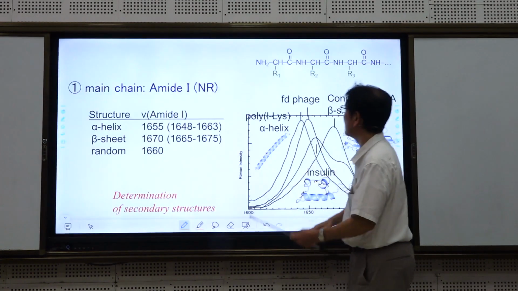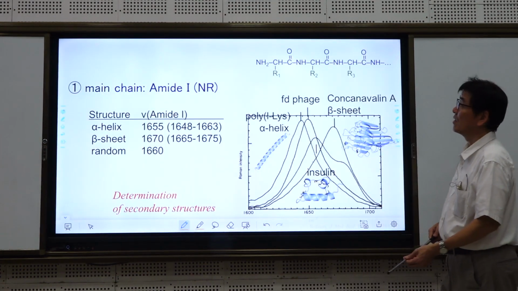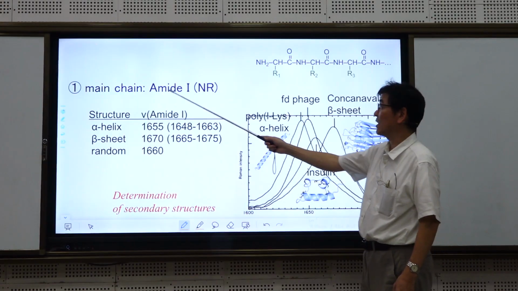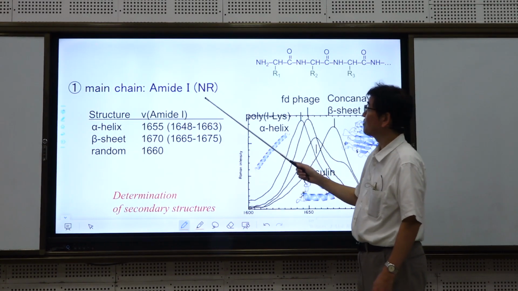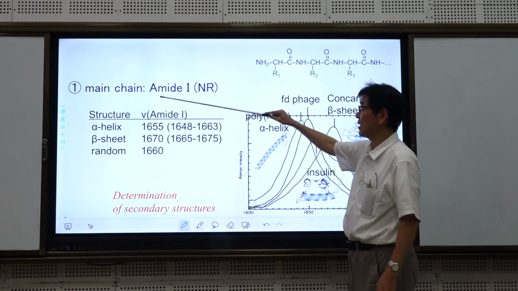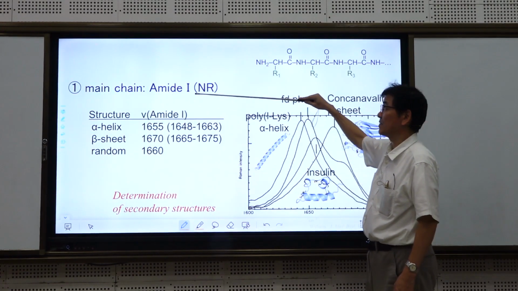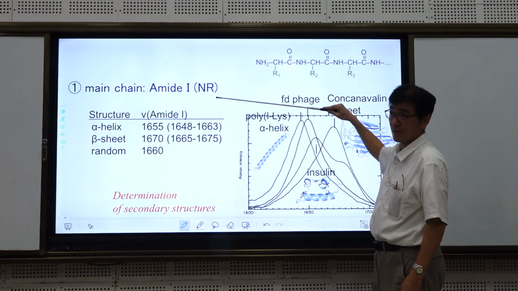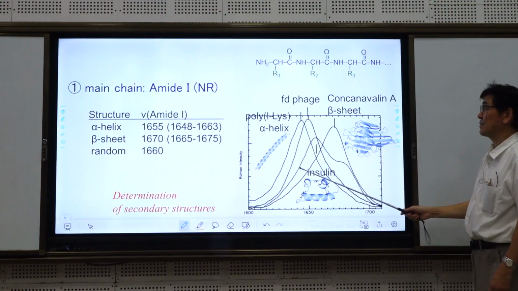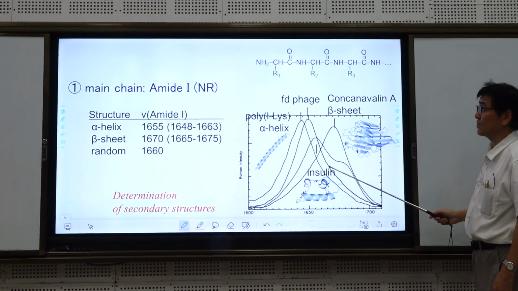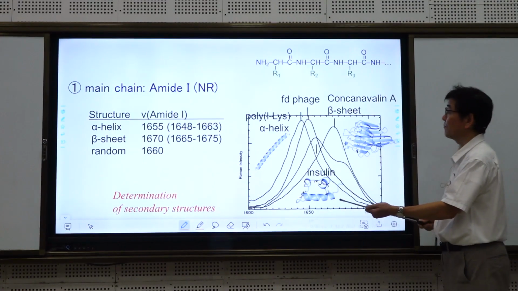First is an example of the amide 1 analysis. So the amide 1 band that appears in the non-resonance Raman spectrum is useful for the peptide secondary structure analysis.